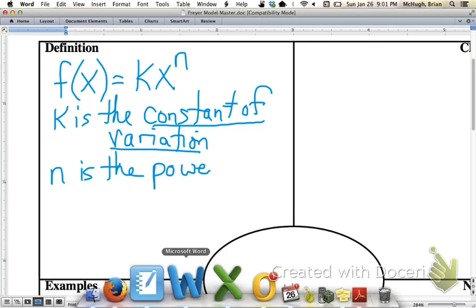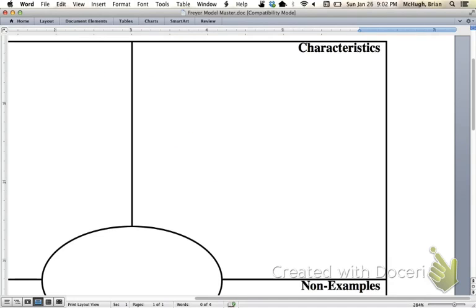So it looks pretty much the same form as a monomial function, which was f of x equals a times x to the n, but this is k times x to the n. The letters aren't important, but now we call the coefficient the constant of variation, and n we call the power. And one of the reasons why we have new names for these things is because the rules are a little bit different.